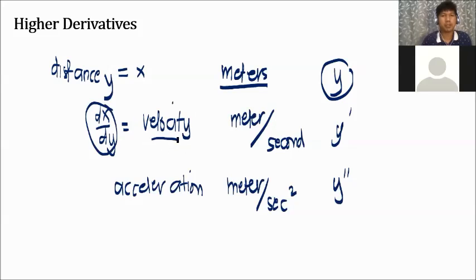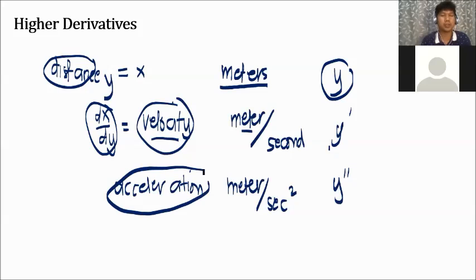So it becomes velocity. So that is the derivative of distance. If we get the derivative of distance, we get the velocity. Then if we derive again the velocity, we get the acceleration. What I'm trying to say here is that when we get the derivative of a derivative, it means something.